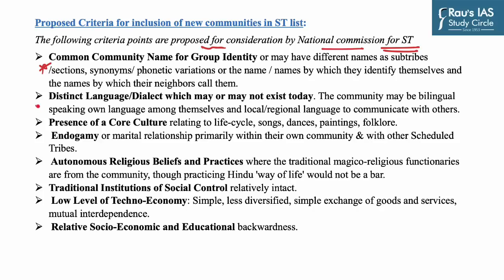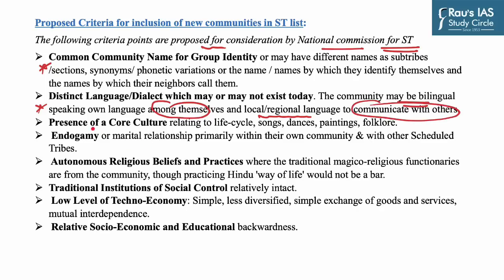Second is a distinct language or dialect which may or may not exist today, as the community may be bilingual, speaking their own language among themselves and a local or regional language to communicate with others.